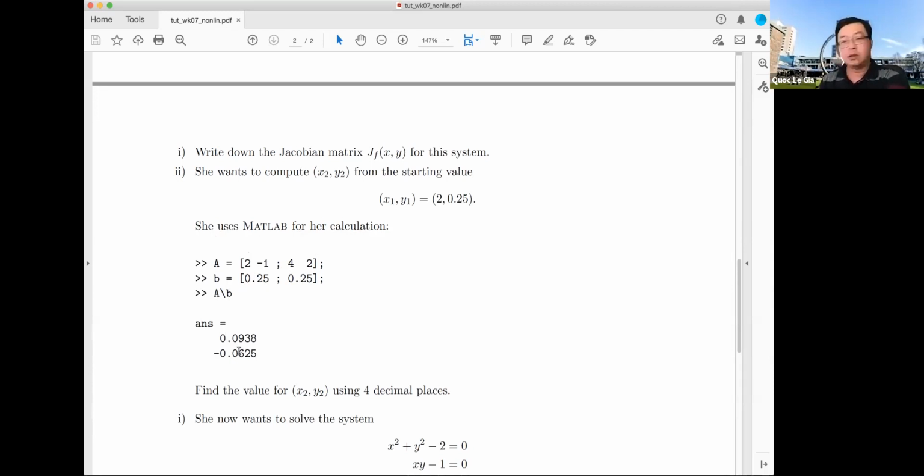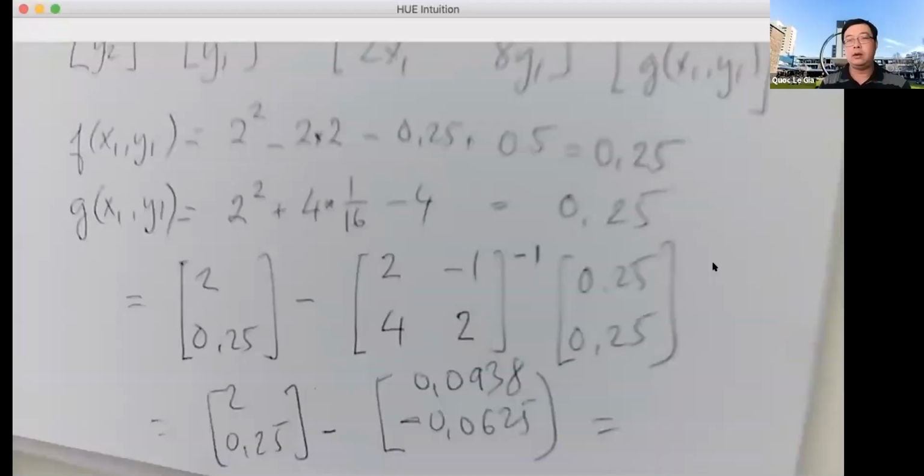You don't have to compute the inverse. So that is question 2. If you put it in, you get something like this. Plug it in the calculator, so we don't have to spend time doing this.